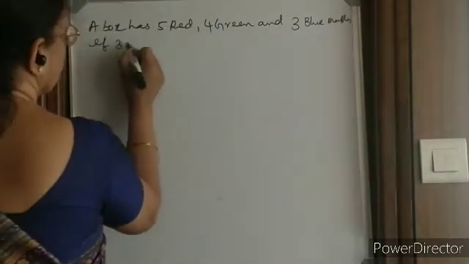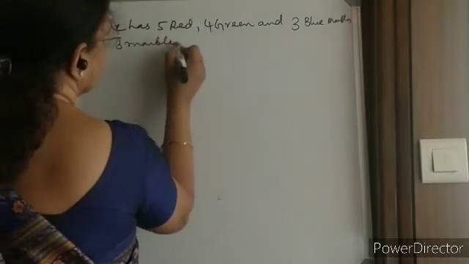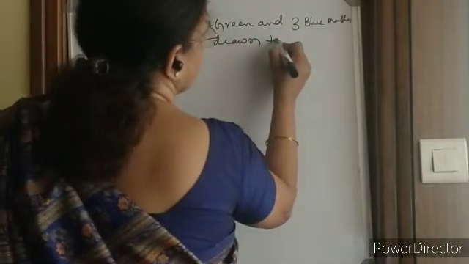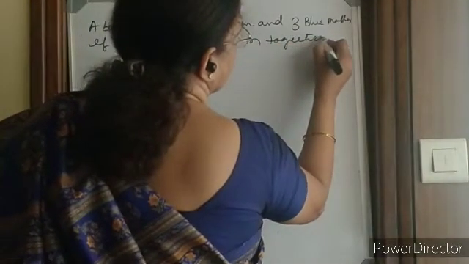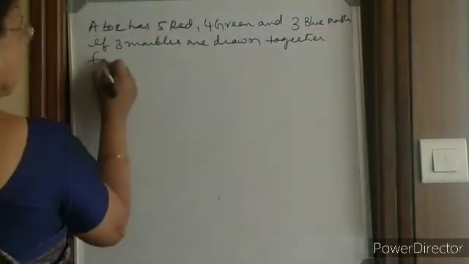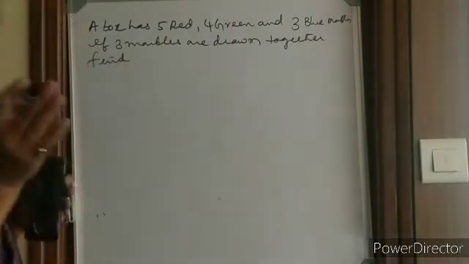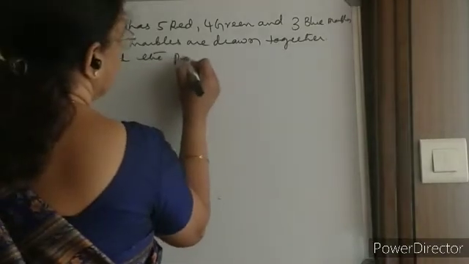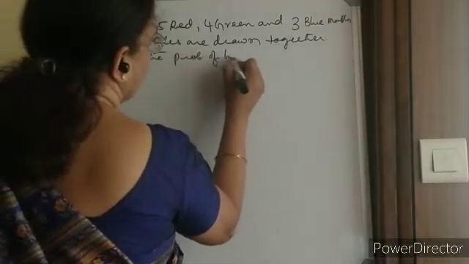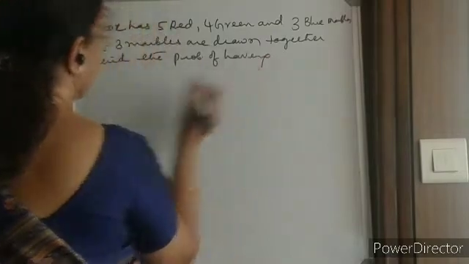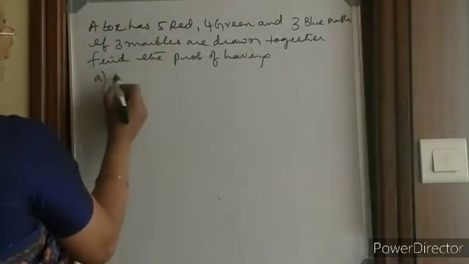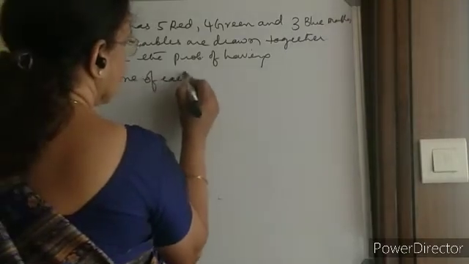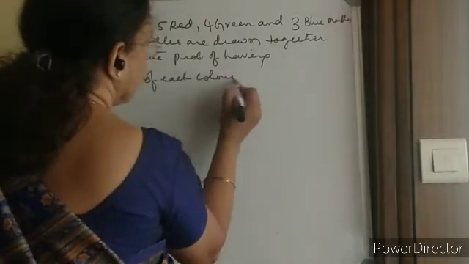If 3 marbles are drawn together, find, you can have now all types of combination. Find the probability of having, now see I can write like this. So one of each color. One of each color. Okay.